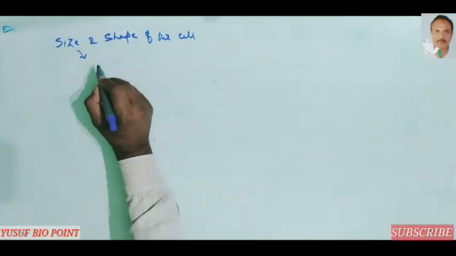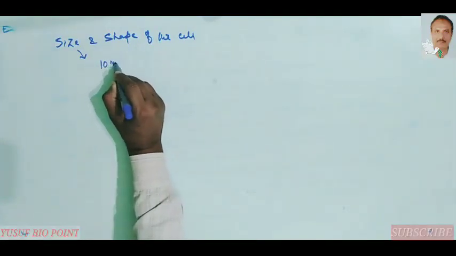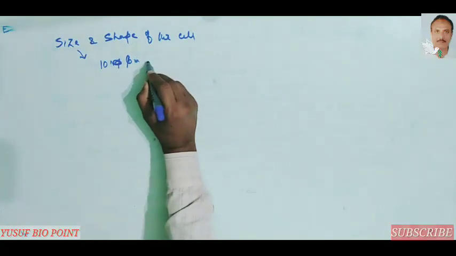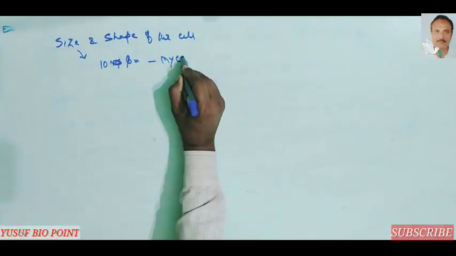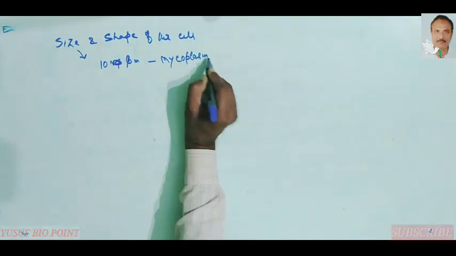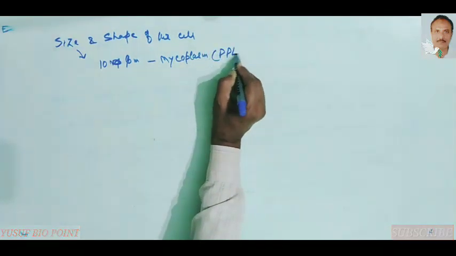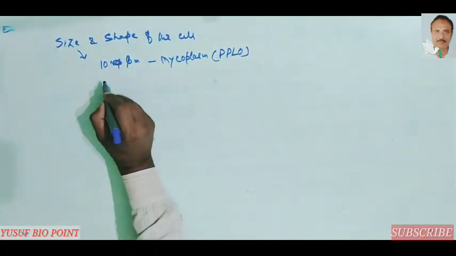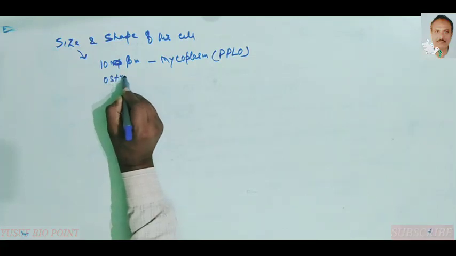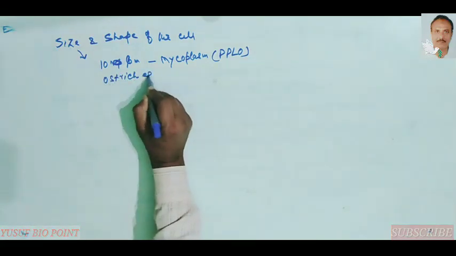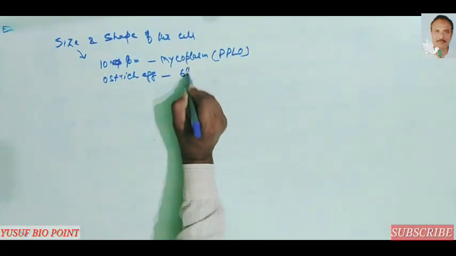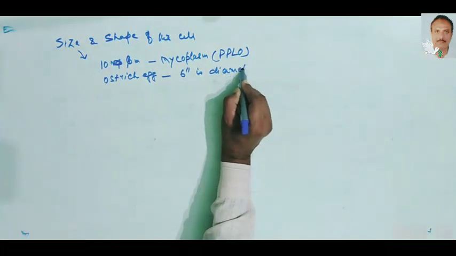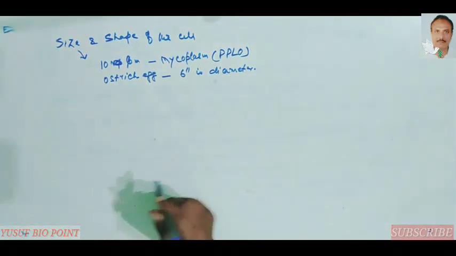The smallest size is 10 μm, that of mycoplasma (PPLO), and the biggest one is the ostrich egg, about 6 inches in diameter.